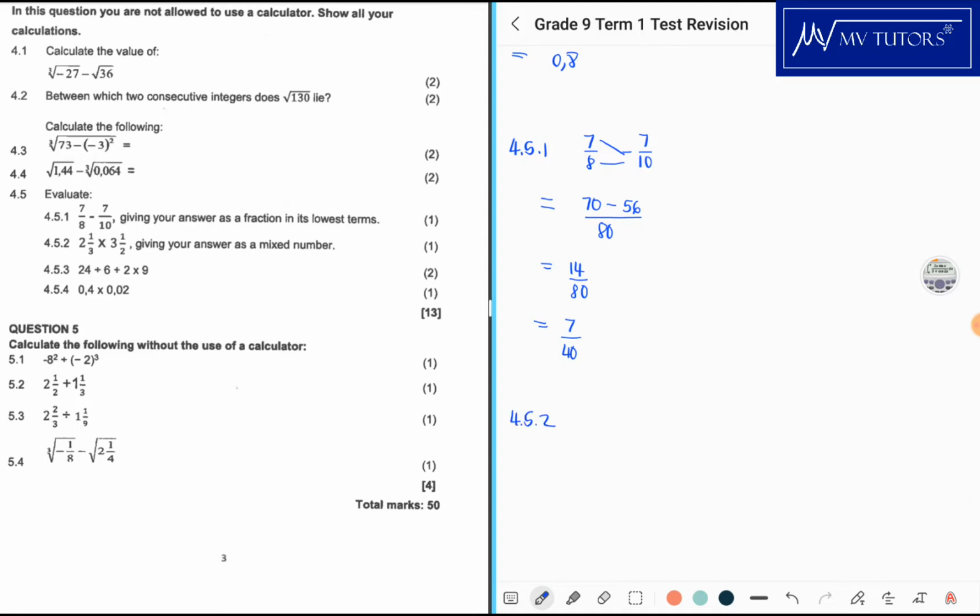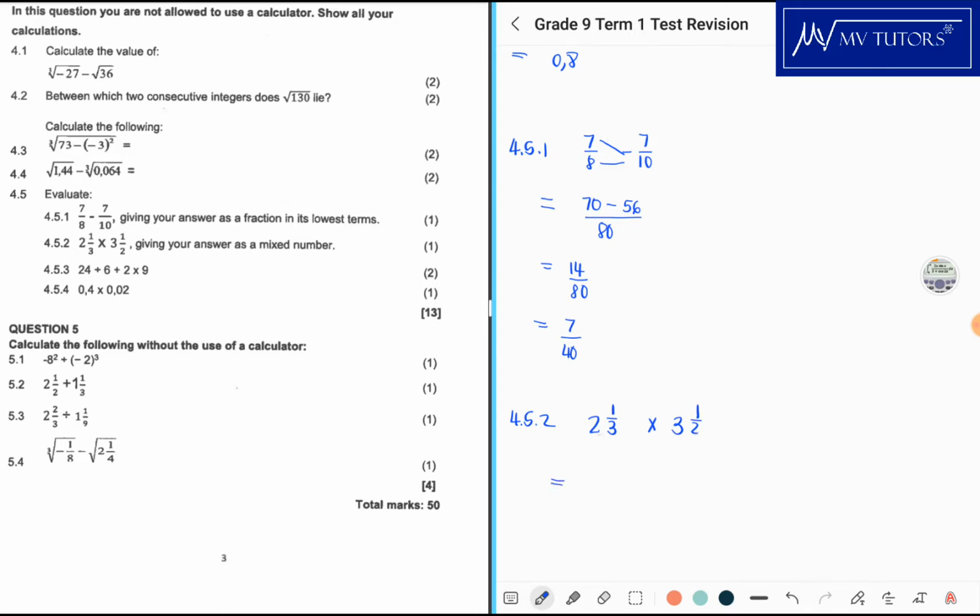We have mixed fractions, and it says give your answer as a mixed number. So firstly, before we do anything with mixed fractions, I highly recommend, actually command you, to put it as an improper fraction. So we have 2 and a third multiplied by 3.5.